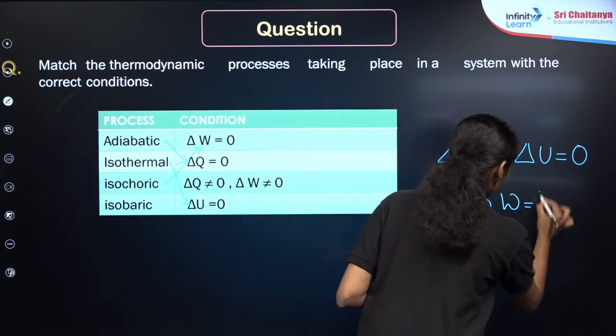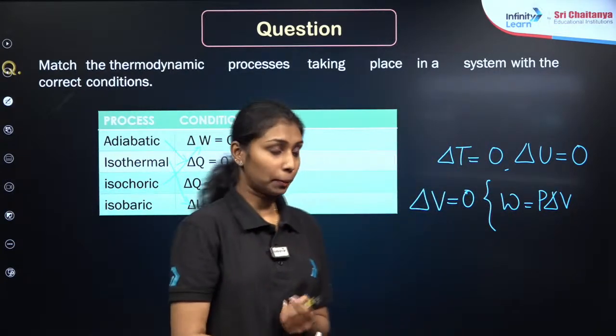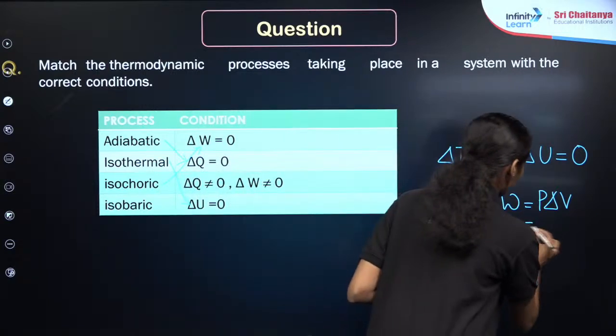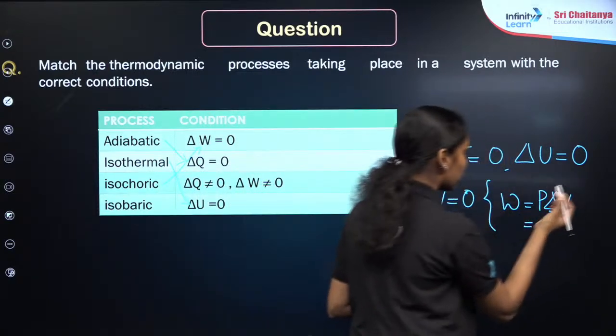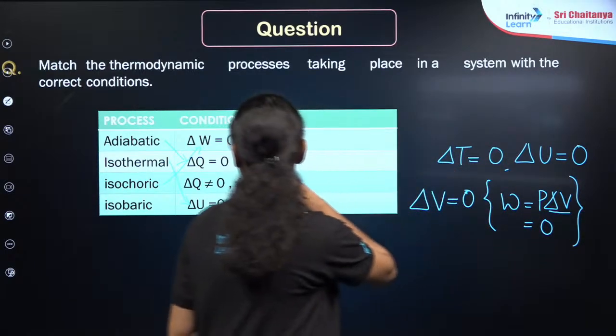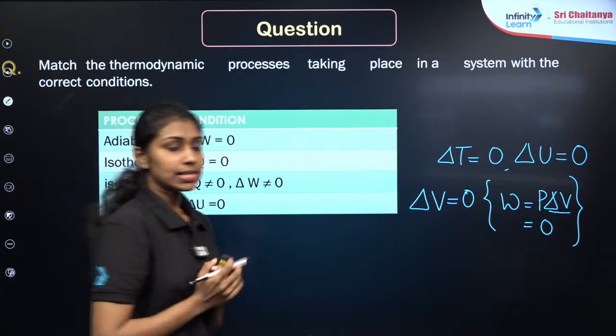Work done is equal to P into delta V, where P is the pressure and delta V is the change in volume. If I take any isochoric process, P into delta V becomes 0. So I can say that work done is equal to 0.